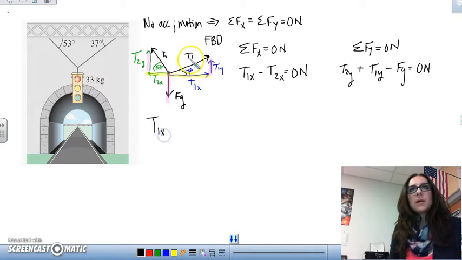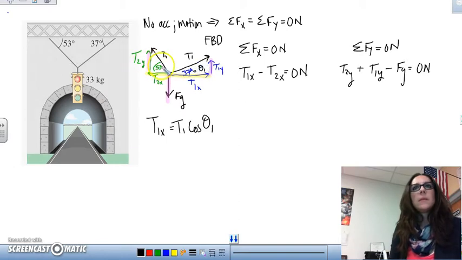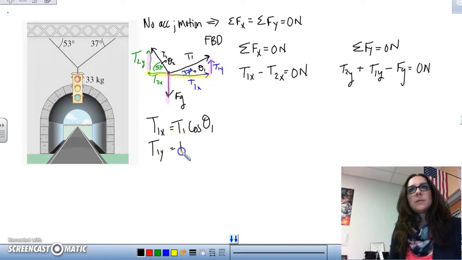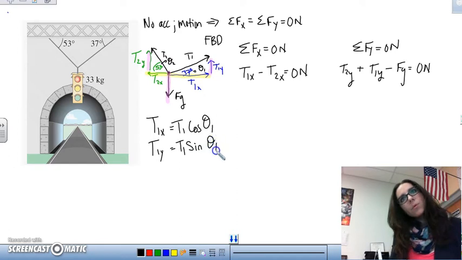T1x is going to be T1 cosine of our angle. So for now, I'm going to use symbols, angle 1. So that's angle 1. And this I'll call angle 2, like that. And then T1y is going to be the hypotenuse times the angle, so T1 times sine of the angle 1.